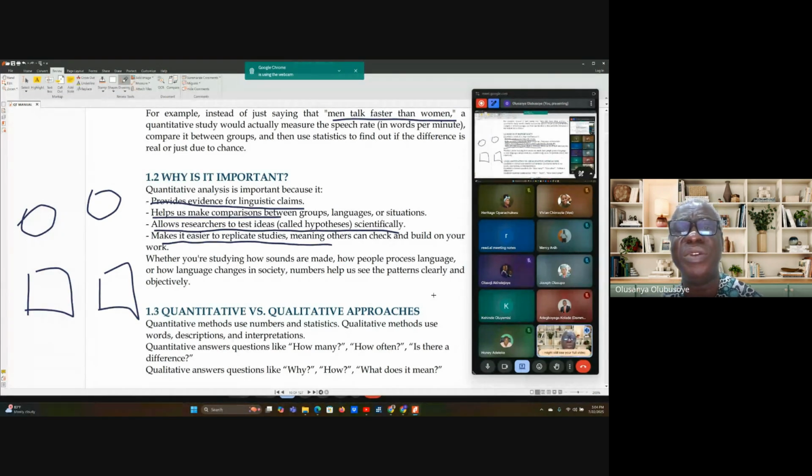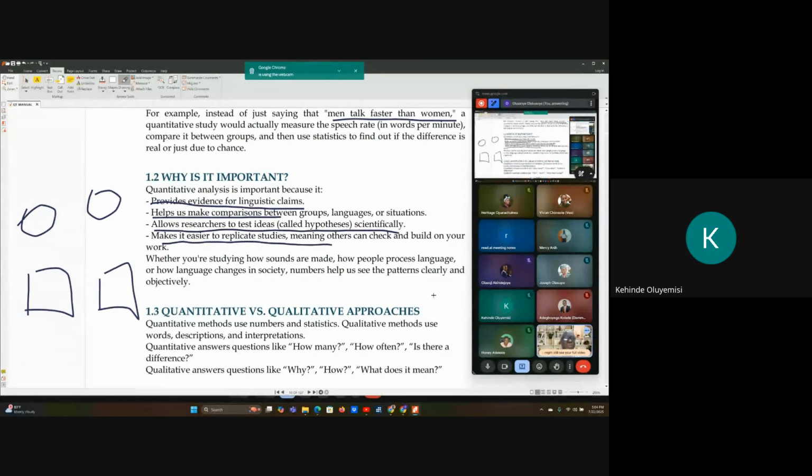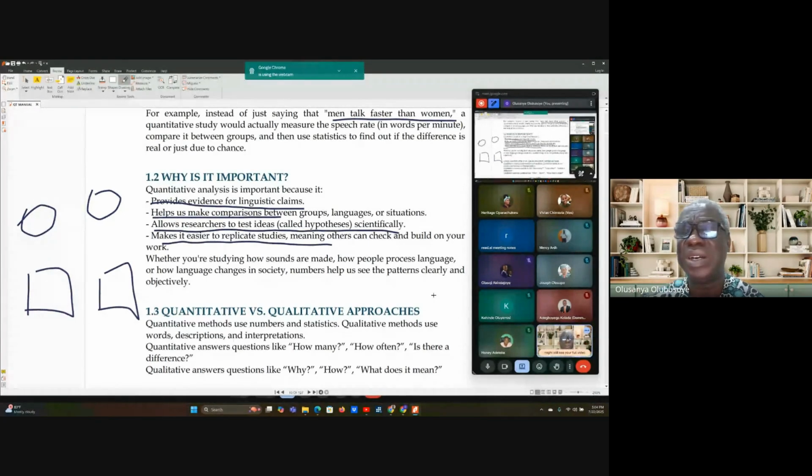That is done mostly to be able to check the validity of that result, whether that result is valid or not. So replicating a study is a scientific way of establishing whether that finding or that conclusion is valid or not valid.